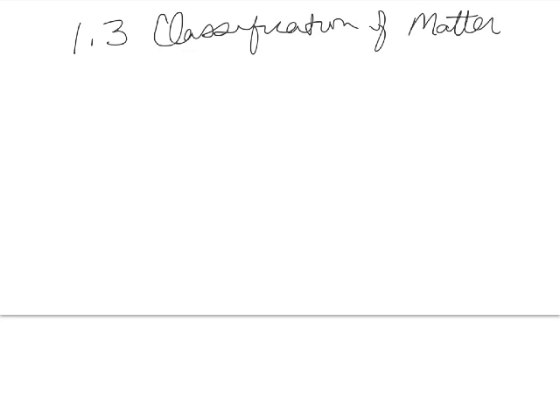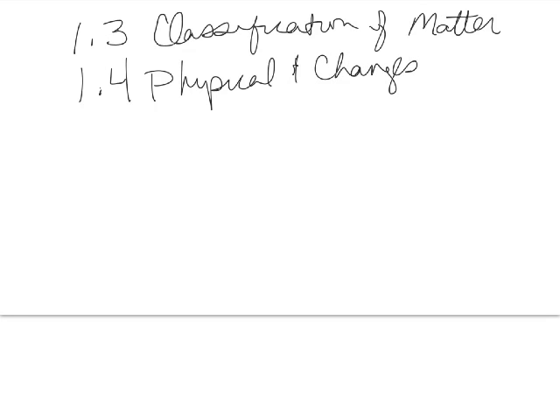You also need to focus on the states of matter, which is if something is a solid, liquid, or gas. I would also focus on section 1.4 for physical and chemical changes and be able to classify whether something is a physical change or a chemical change.